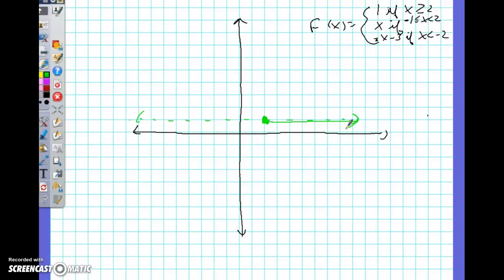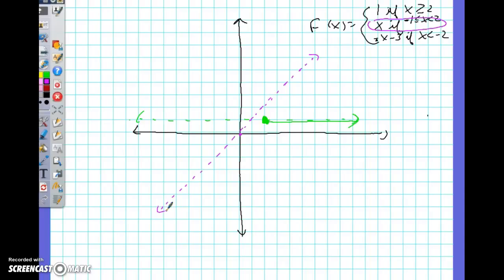Then I'm going to graph y equals x. Y equals x is a graph that looks something like this. We go, boom, like this. So far, so good. I'm only going to graph that from where to where, Keegan?